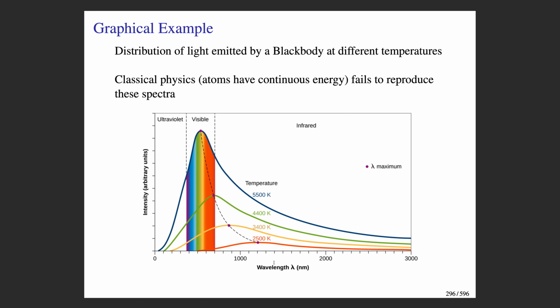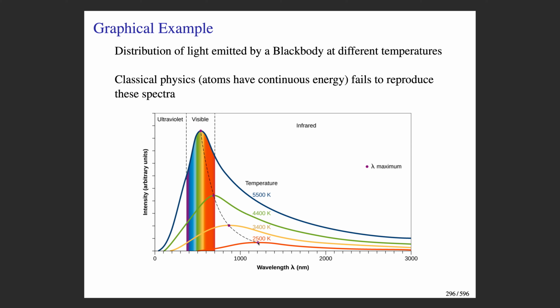So what you're seeing here is the blackbody intensity, the intensity of the blackbody radiation as a function of wavelength. Okay, so these are different wavelengths of light that you would observe. And the different curves here, this dark orange curve, the yellow curve, the green curve, and the blue curve, correspond to an object at different temperatures.